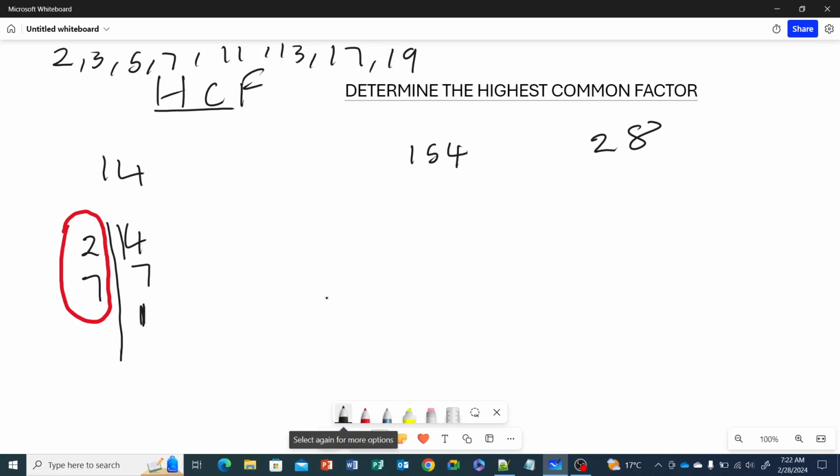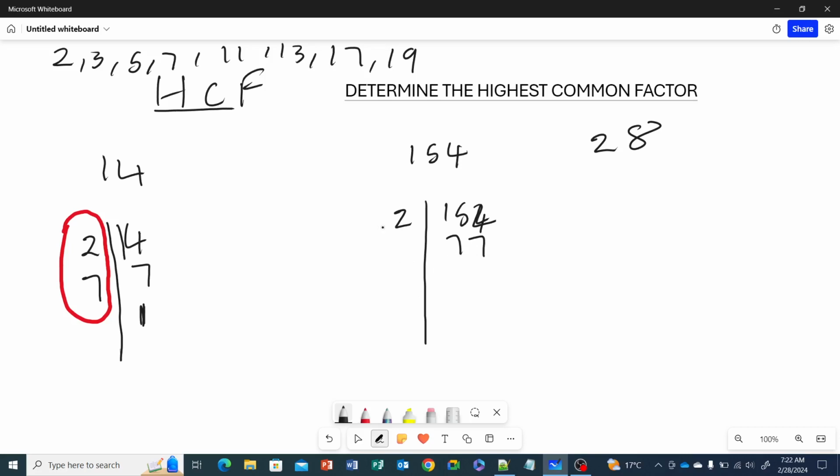Okay. Now, let us go to 154. Now, 154 is an even number, so meaning that it's divisible by 2. Now, when you divide 154 by 2, it's going to be 77.